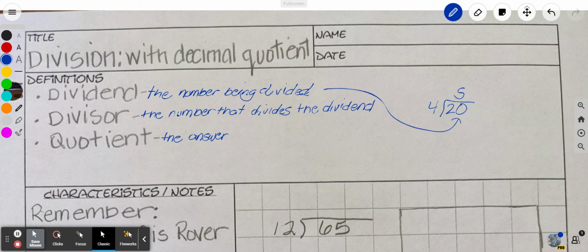The divisor, the number that divides the dividend, is 4. 4 is dividing 20, and the quotient is the answer. So you should have on your note page these three terms, their definitions, this diagram, and these arrows.